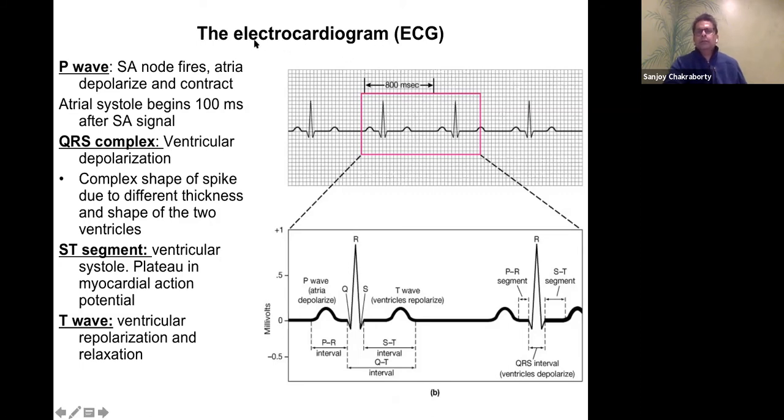We call it an electrocardiogram or ECG. ECG, or electrocardiogram, some books call it EKG because this was first developed in Germany, and they spell cardio with a K. So the electrocardiogram, ECG, is nothing but the electrical activity of the heart. Pay attention to this: it has nothing to do with heart attack. It is showing the electrical activity of the heart, whether the heart is receiving enough electrical activity so that it can undergo contraction.